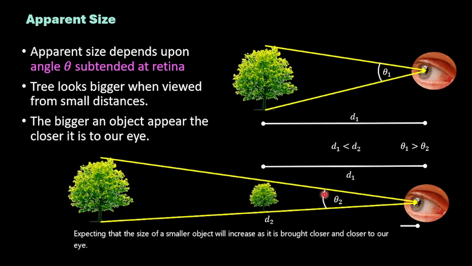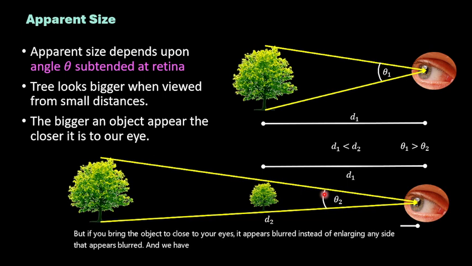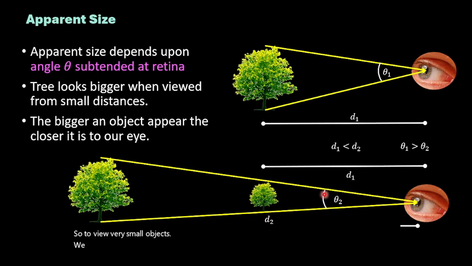But if you bring the object too close to your eyes, it appears blurred. Instead of enlarging in size, it appears blurred, and we have to strain our eyes sometimes to see it clearly. So, to view very small objects, we cannot expect to bring them close to our eyes and see an enlarged view of that object.